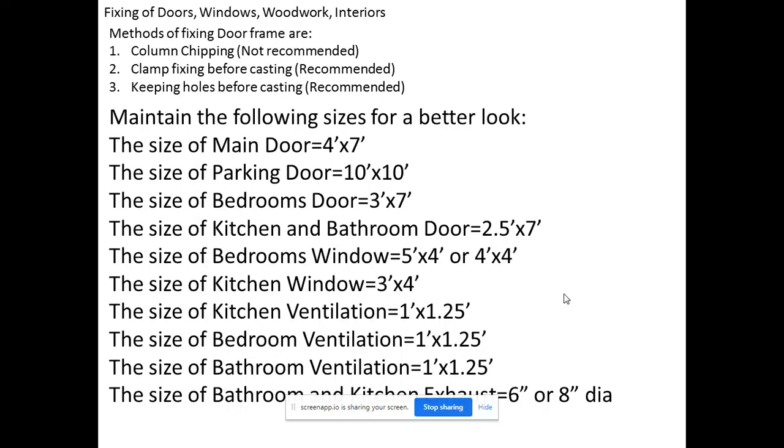That's why I never suggest method 1, column chipping. It is not recommended. You either go with the second method or the third method. And again I'm telling you to maintain the following sizes for a better look of it.